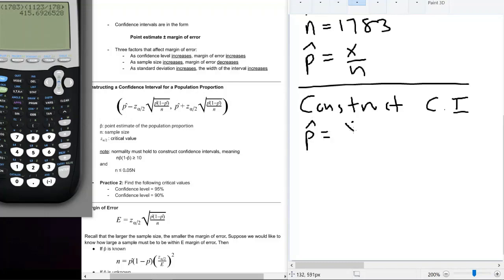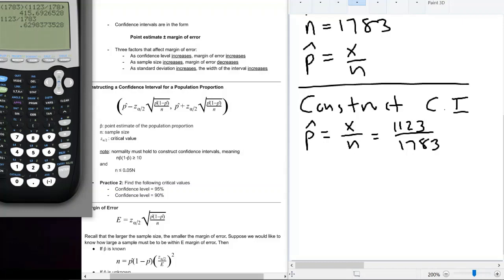P hat, which is x divided by n, that was 1123 divided by 1783. Okay, now I do want to note, if you do try this in the calculator, divided by 1783, it's an irrational number.